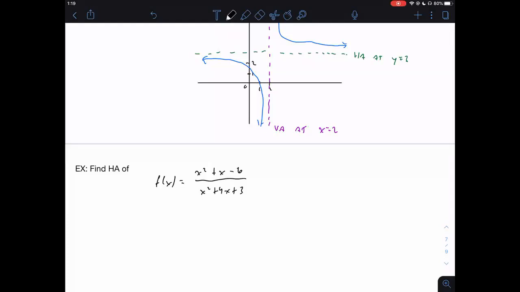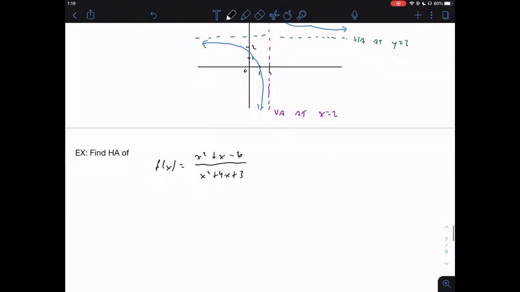Okay. So again, to find the horizontal asymptote, it will be equivalent to find the limit as x goes to infinity. You don't have to find both sides, as x goes to infinity is good enough, of this rational function.